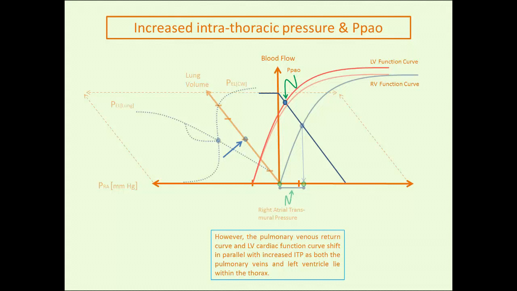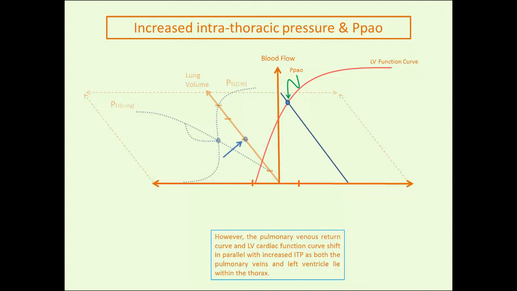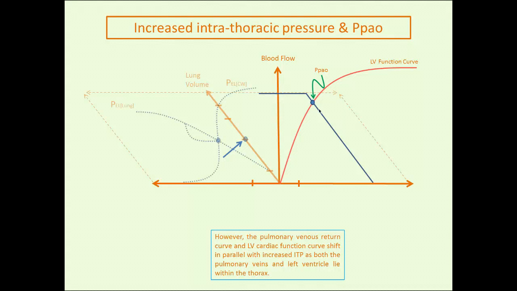So that will be illustrated here. As, again, this pressure is increased simultaneously, the pulmonary venous return curve and the left ventricular cardiac function curve shift rightwards with that increase in intrathoracic pressure in parallel.